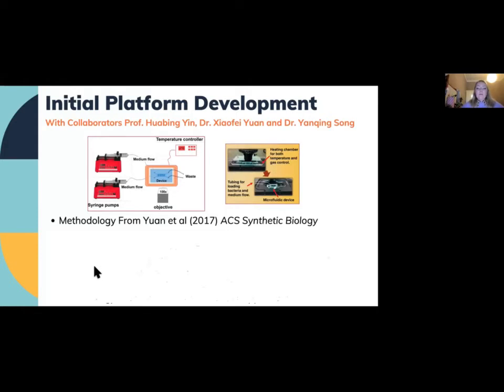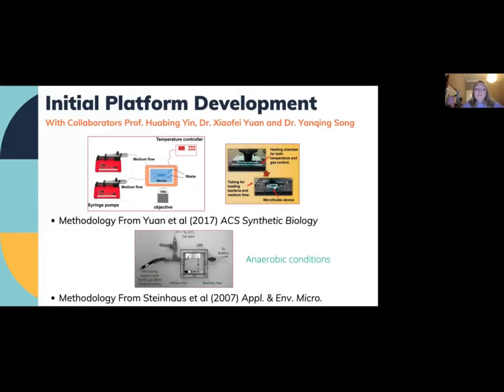So we looked initially to a methodology from Steinhaus et al. from 2007, where they took a methanogenic species and had a microfluidic bioreactor, which was in a sealed gasket chamber, and sparged it with gas whenever they were monitoring on the microscope. And so this would maintain anaerobic conditions.